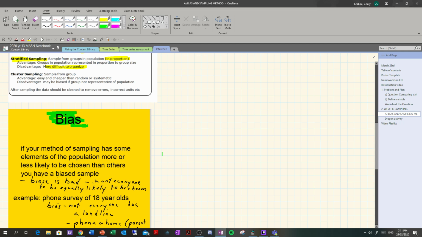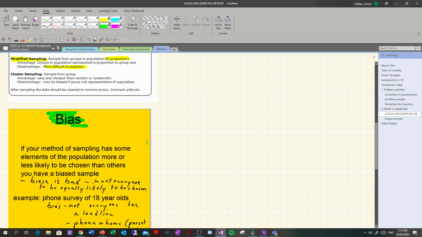So, if we used St. Cuthbert's as an example of year 13 students, and we did some sort of survey from those year 13 students, we have a very biased sample because it's only girls. It's not boys.